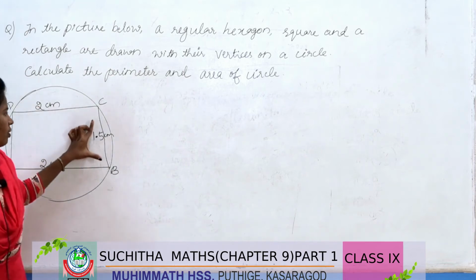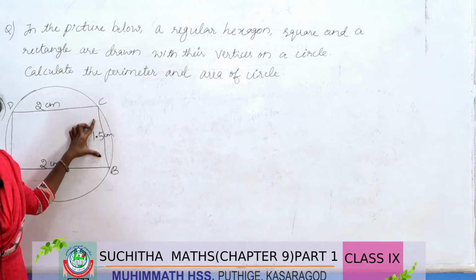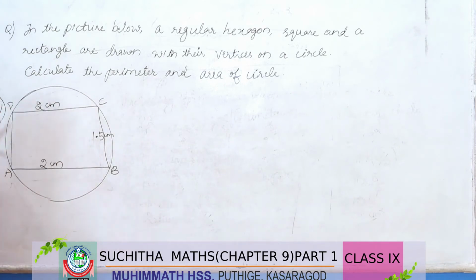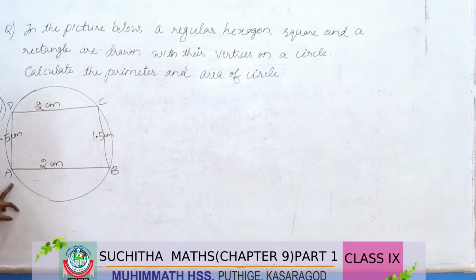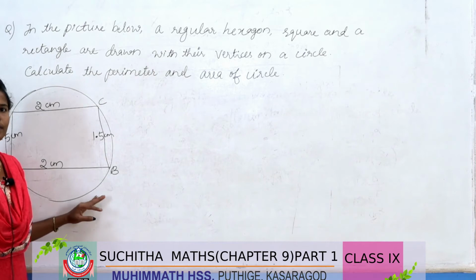And length of BC is 1.5 centimeter and BC is equal to AD. Therefore AD is 1.5 centimeter because ABCD is a rectangle and the circle passes through all 4 vertices of this circle. We have to calculate the perimeter and area of the circle.